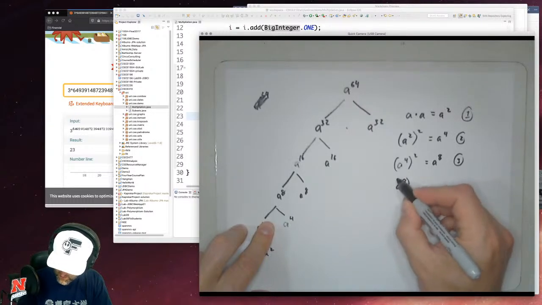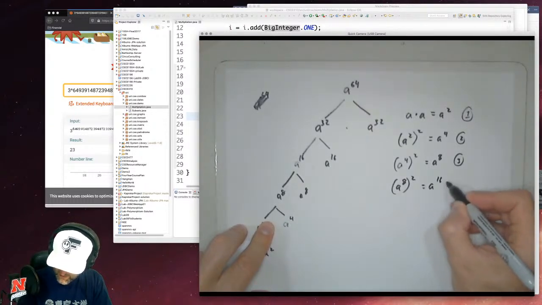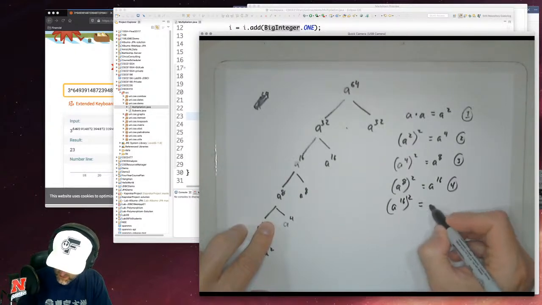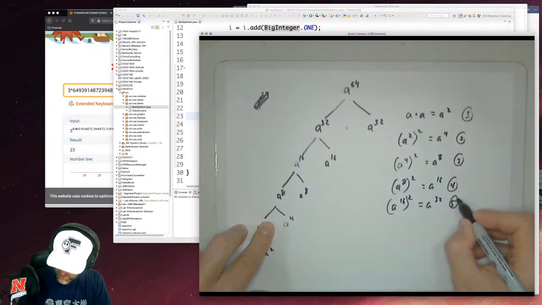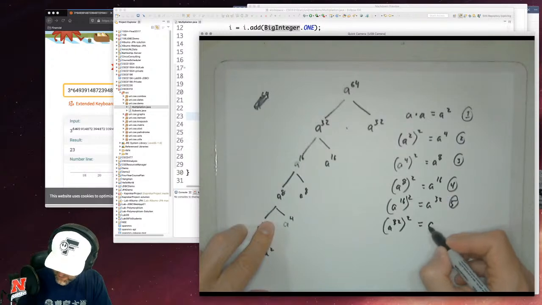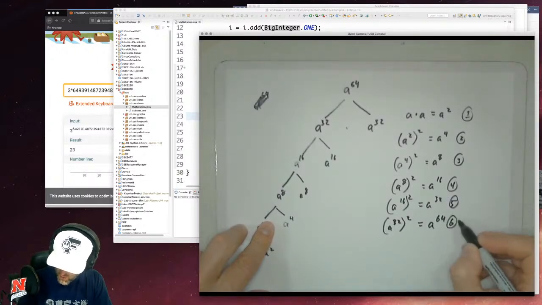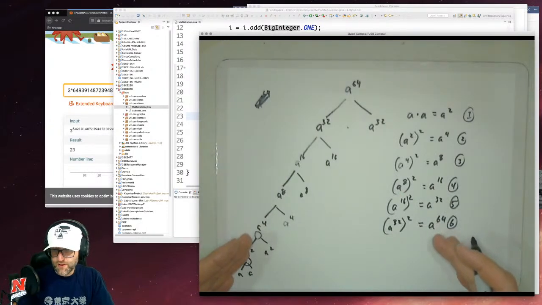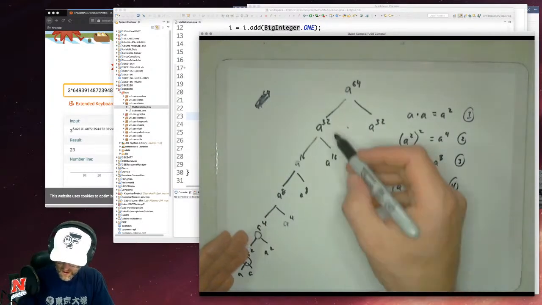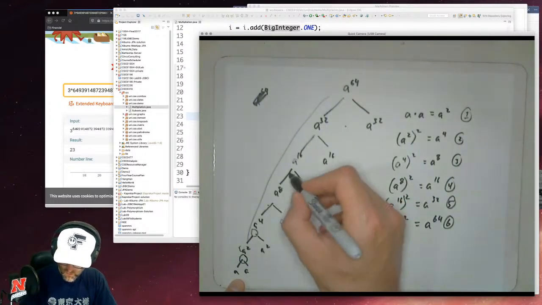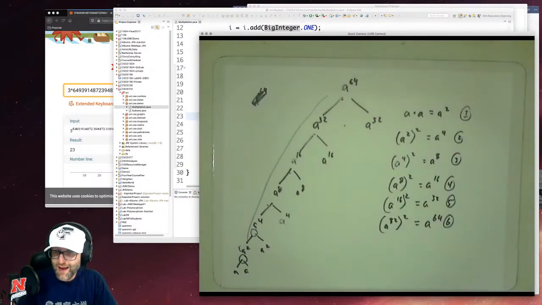A to the 8th squared, a to the 16th, with one multiplication. A to the 16th squared, a to the 32nd, with just one multiplication, and a to the 32nd squared finally gives me the answer I'm looking for, only with 6 multiplications. Rather than an exponential number like this tree illustrates, I'm doing the depth of the tree. That's 1, 2, 3, 4, 5, 6 multiplications, and that's it.